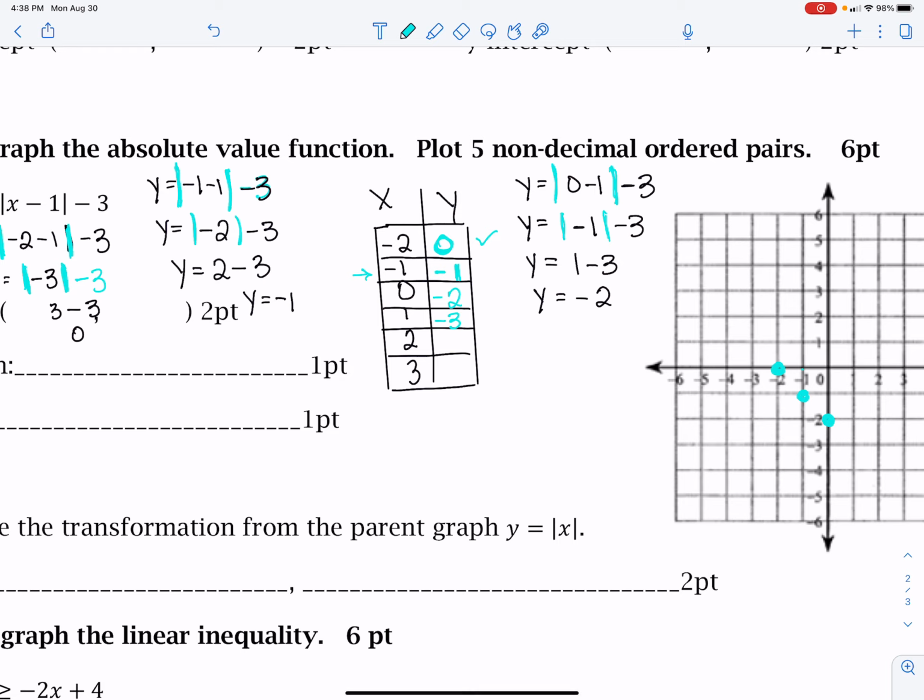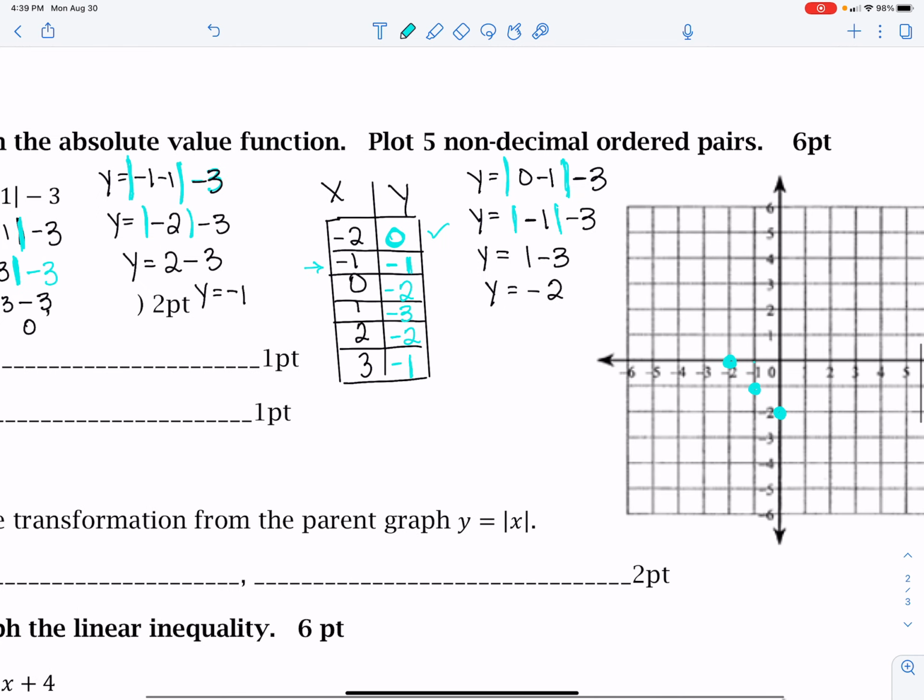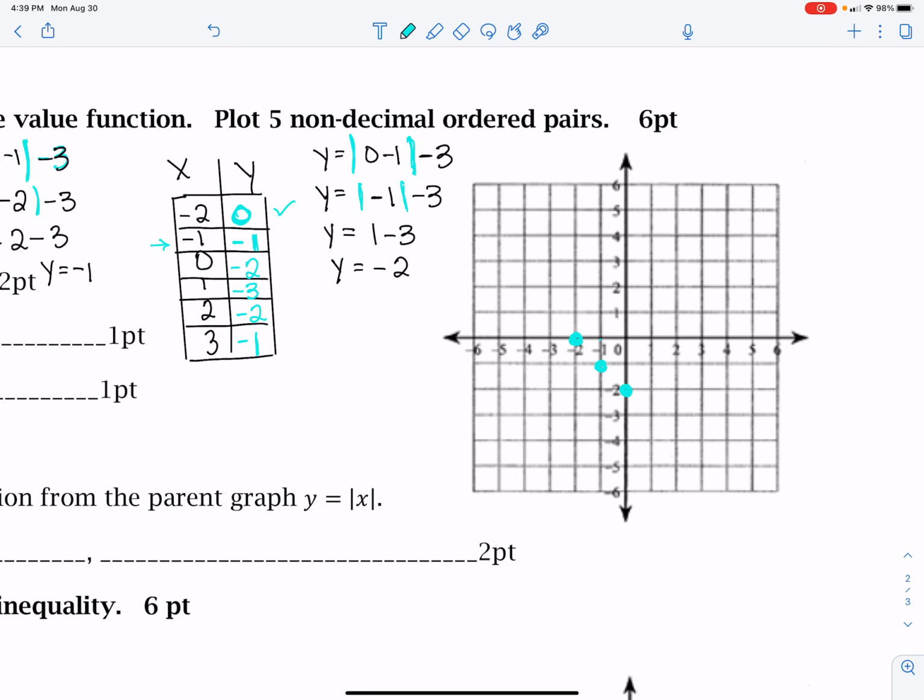If I was to substitute in 2, I would get negative 2. And if I was to substitute in 3, I'd get negative 1. So once I graph those 6 values, so 1, negative 3, and 2, negative 2, and 3, negative 1.